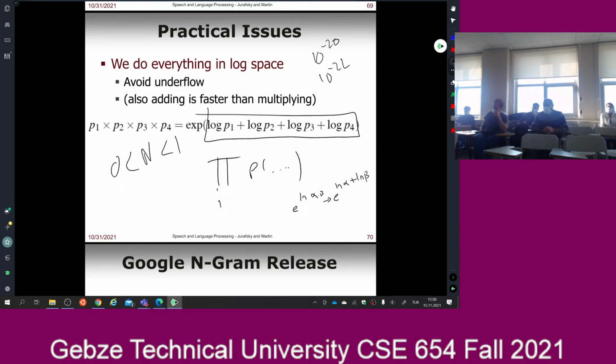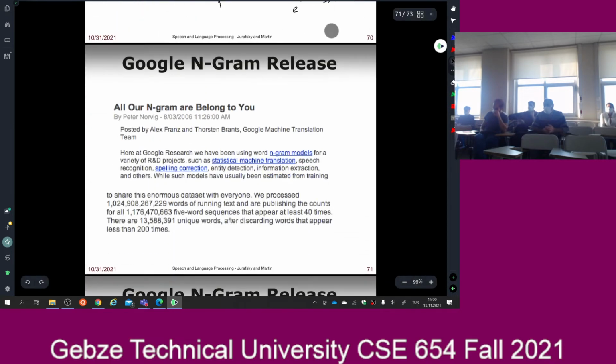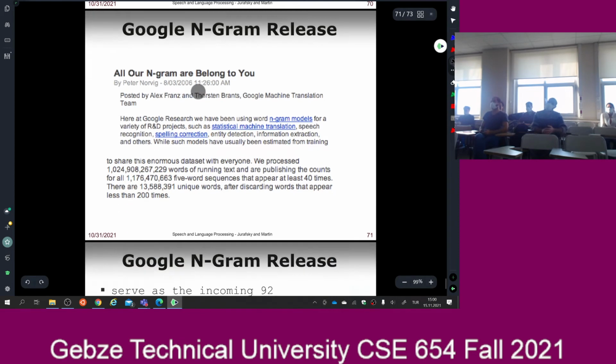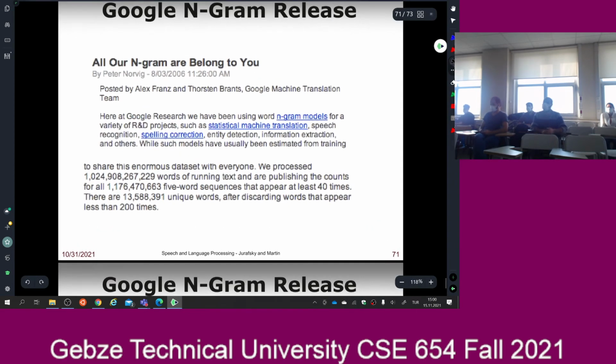Google in 2006 said, okay, I have scanned all the English documents in this world, and I have all the data on my drives, and I have calculated 1-gram, 2-gram, 3-gram, 4-gram, and 5-grams of English, and I am making this available.